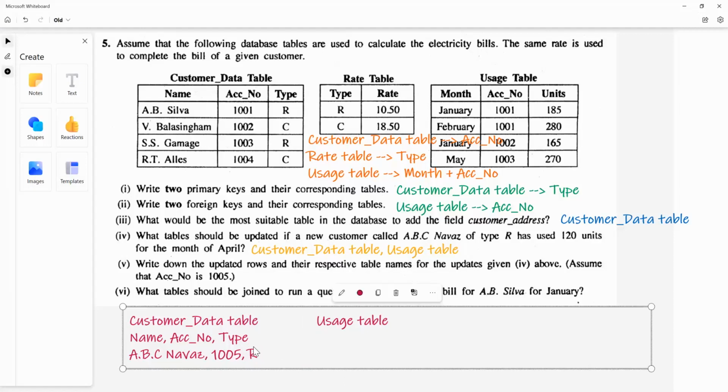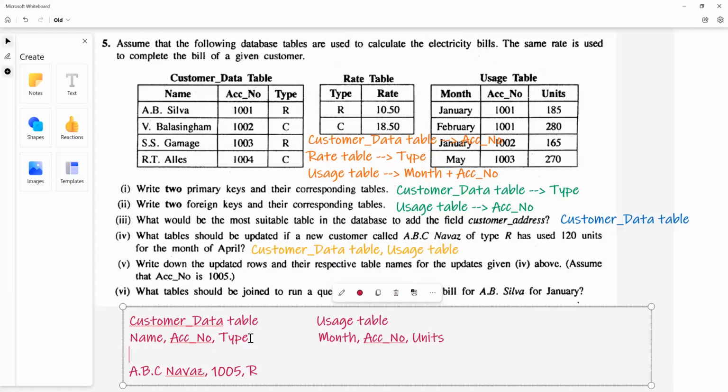And what are the possible values we can have? Account number. Yes, month, account number, and then units.